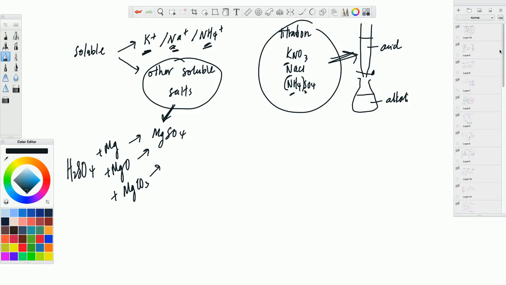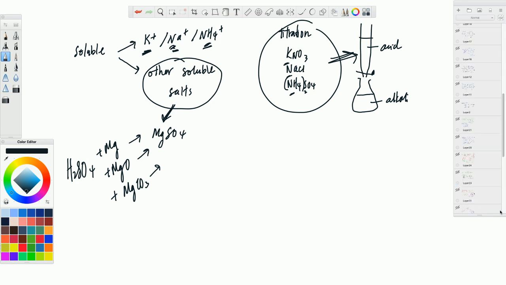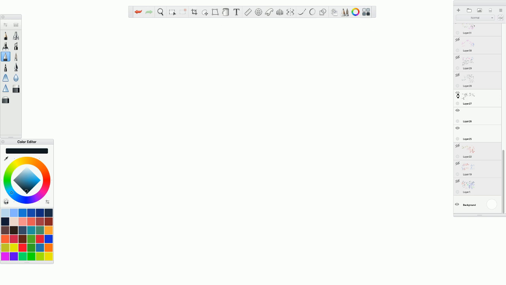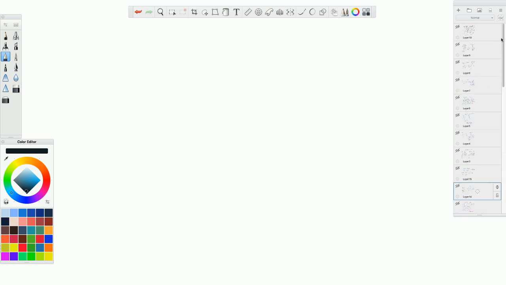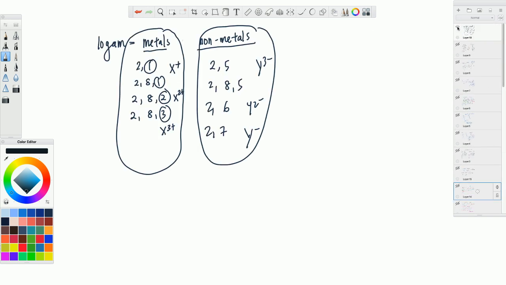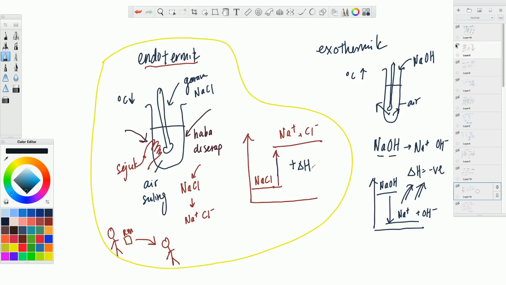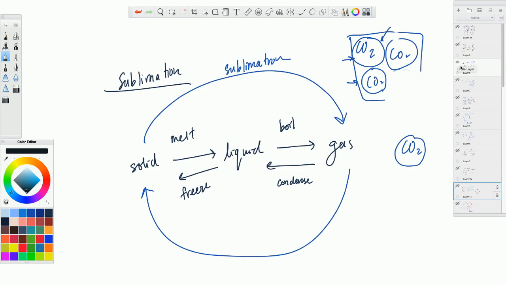So we started out with questions on metal and non-metal. Okay, we talked about endothermic and exothermic. We talked about sublimation, pemewajapan.